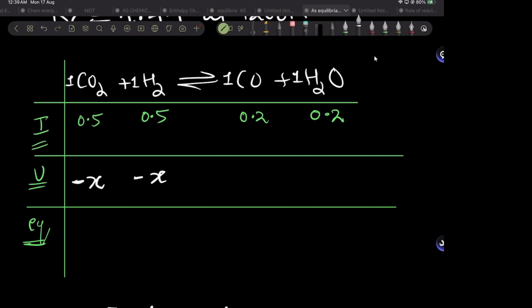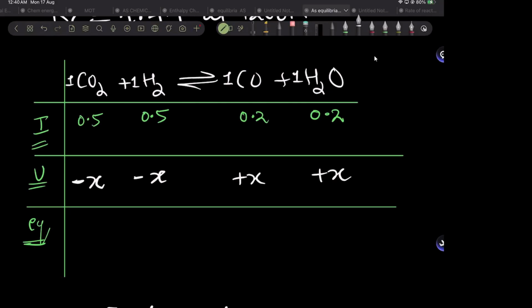And then if X moles of the reactant are being used, how many moles of the product will be formed? Again, it's 1:1 with the product also, right? So X moles of the product will be formed here and X moles here. Do remember, if one of them were 1:2, then 2X would be formed on the other side.